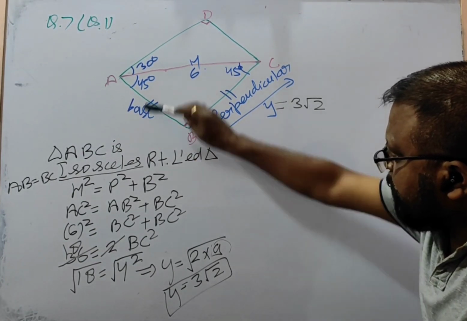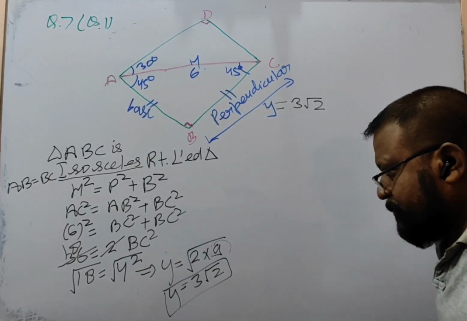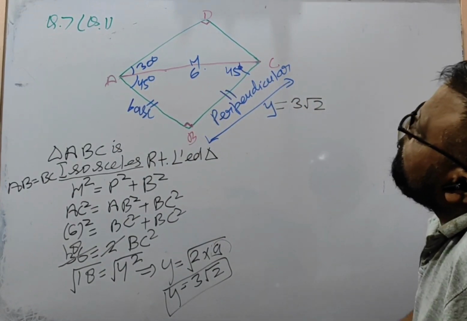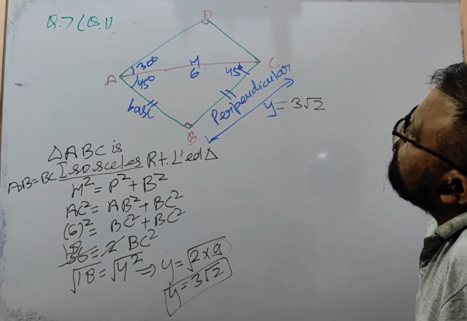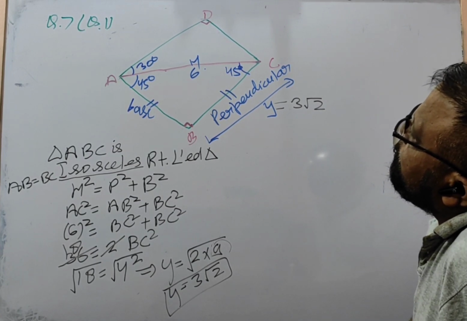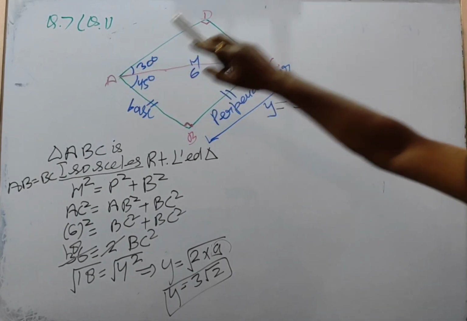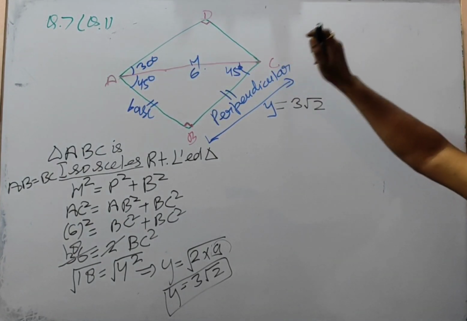Base angles are equal, then sides are equal. Now the second part is x.